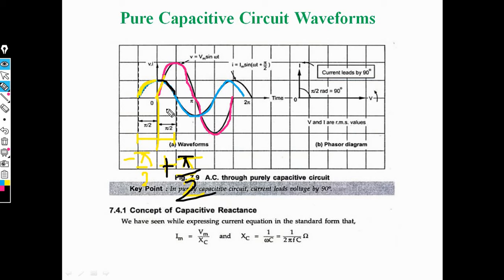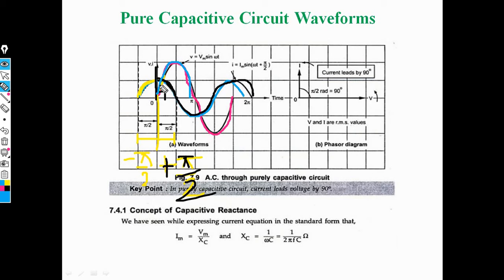That means the current waveform I leads the voltage, that is, the current waveform has an angle of 90 degrees. The current waveform leads the voltage by 90.